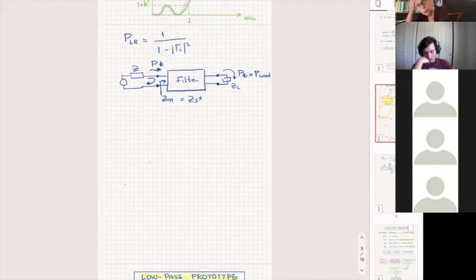What happens when I do conjugate matching? Is the reflection coefficient 0 at this point? No, it's not going to be 0. However, I give up making the reflection coefficient 0, but what happens with conjugate matching, and why is it so popular?